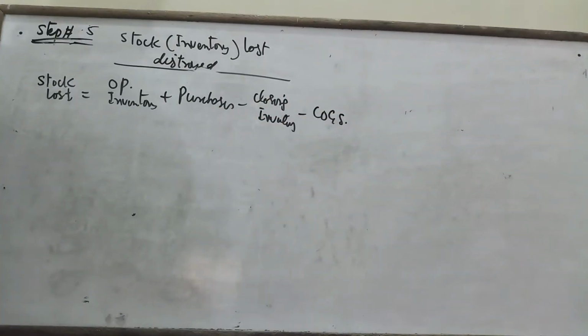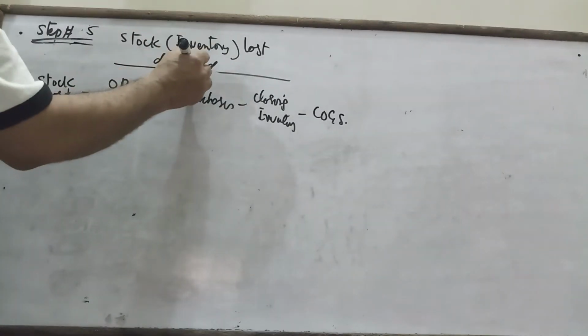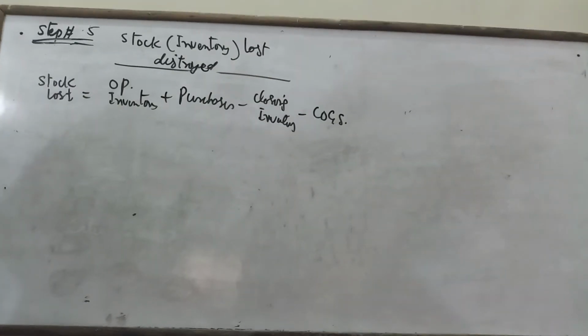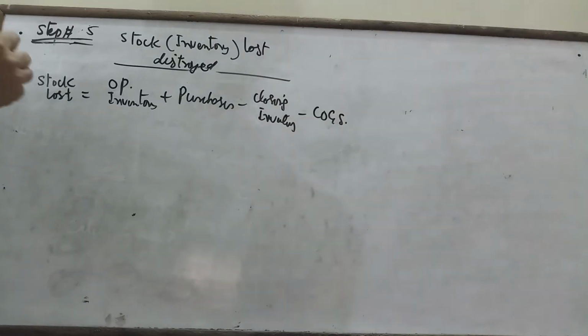Whenever the examiner asks you to calculate stock lost or stock destroyed, you will always be given either markup or margin in the question. I had better explain this with one example.